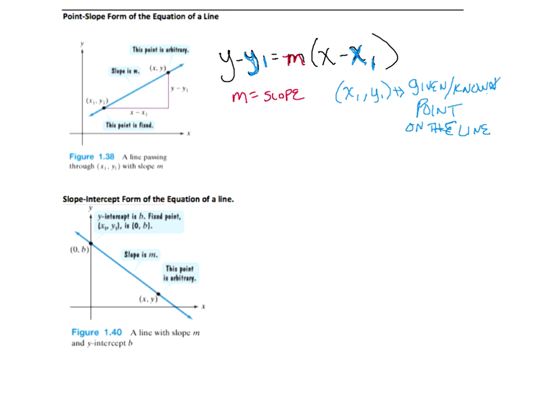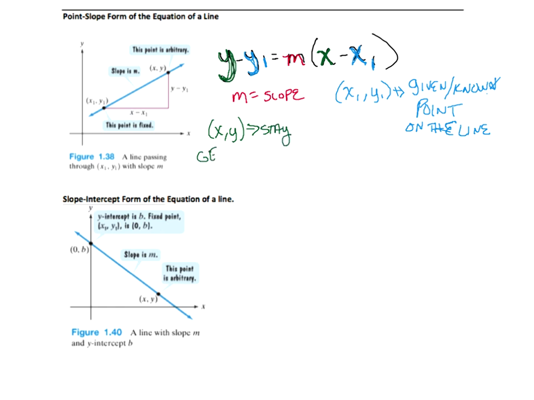Okay? And the last thing to point out is this x and this y right here, those are going to stay.